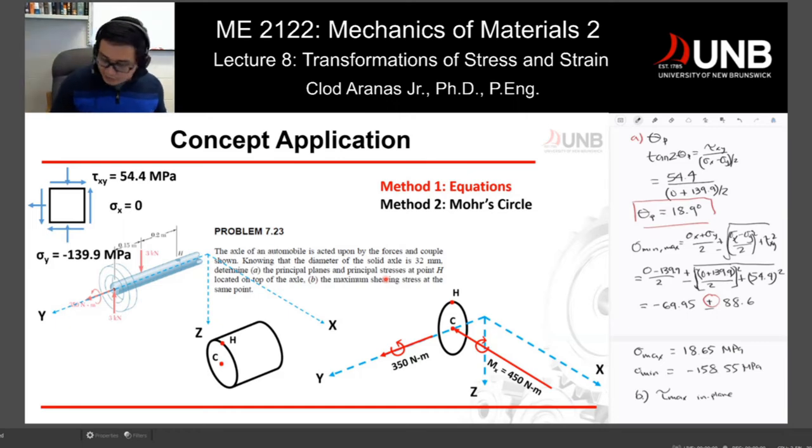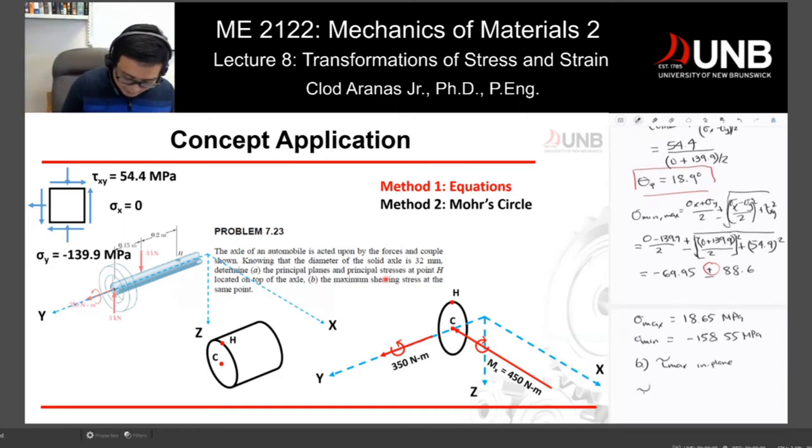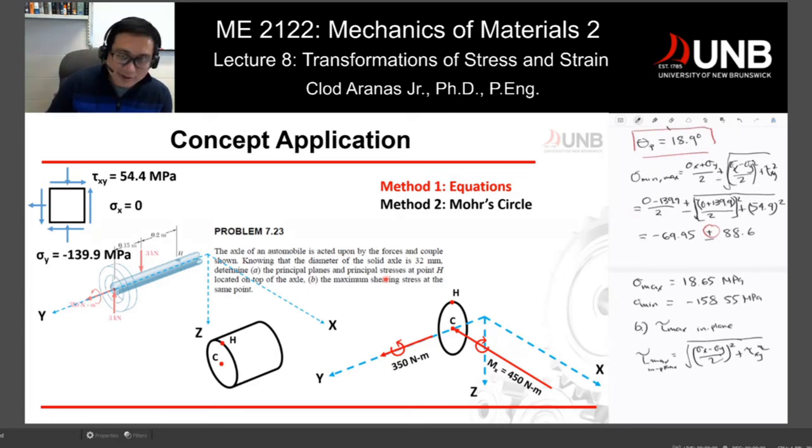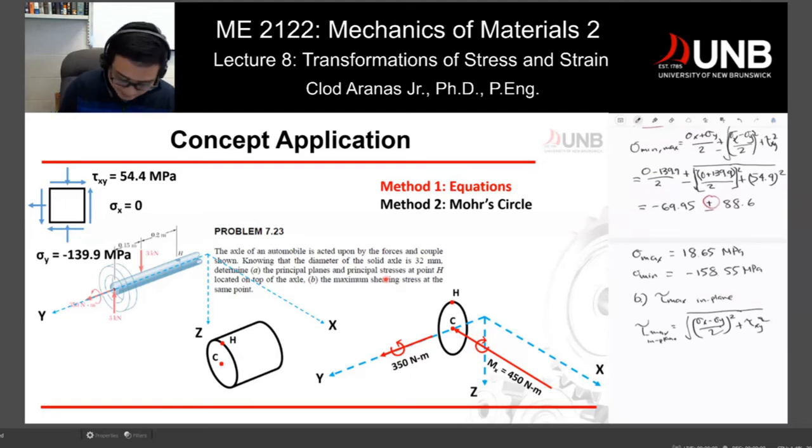If we are going to use the equations, if you go back to our previous slide, the equation for in-plane, or two-dimensional analysis, maximum shear stress is the square root of (sigma x minus sigma y over 2) squared plus tau xy squared. And if you can still remember for Mohr circle, that's just the radius of your Mohr circle.